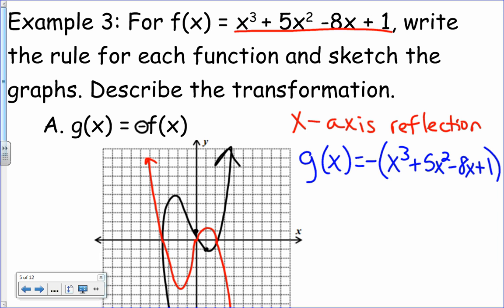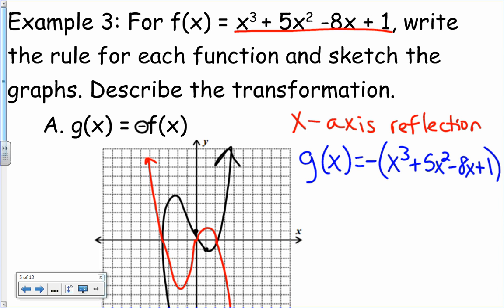Yesterday, we sat there and we made that negative go to everything, correct? But you don't have to. I'm not going to make you. And the reason for that is because you could put in your calculator, you could go graph these, you could put that in y1, and you could type this right here in y2, the negative parentheses x cubed plus 5x squared minus 8x plus 1. You could punch it in just like that, and it would flip it over like this red graph right here.